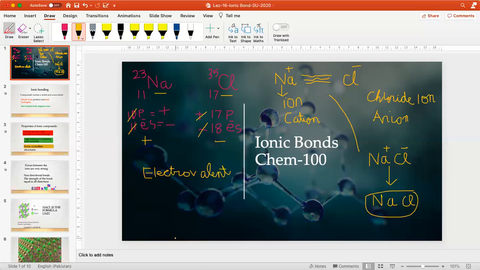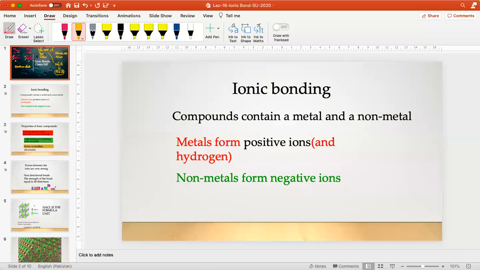So these are the basic information before we dive into the depth. Now you will understand everything because I have given you some information which will definitely help you understand the upcoming slides.